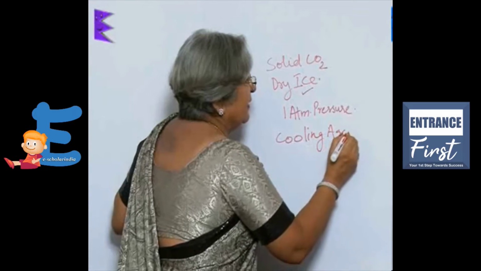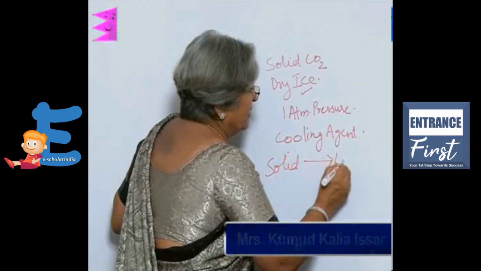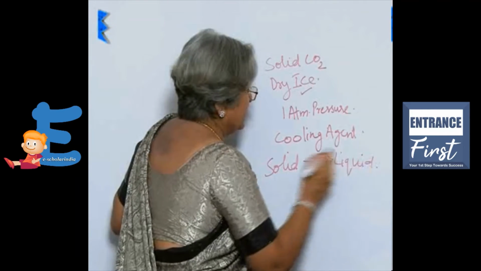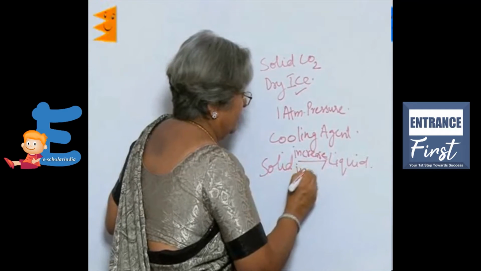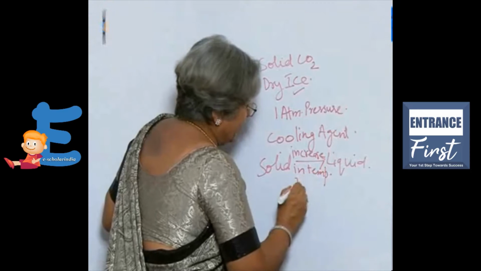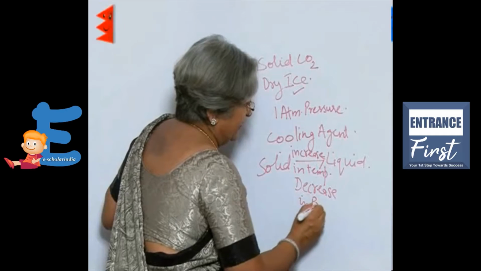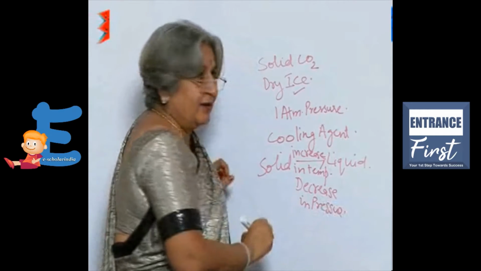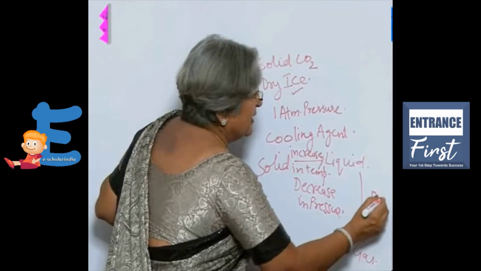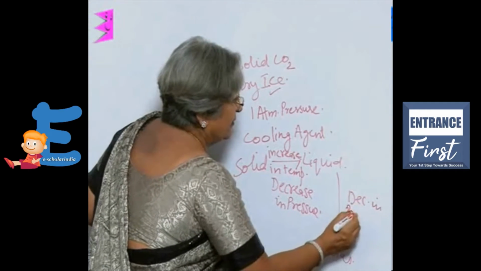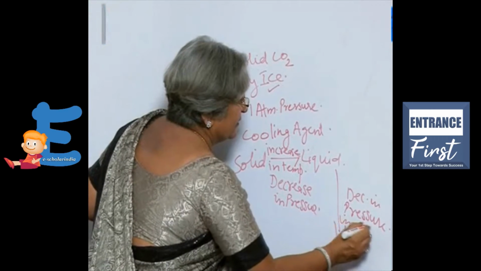So we can say that change of matter from solid to liquid is increase in temperature and decrease in pressure. So it is reverse. And further, liquid to gas, again further decrease in pressure and increase in temperature.